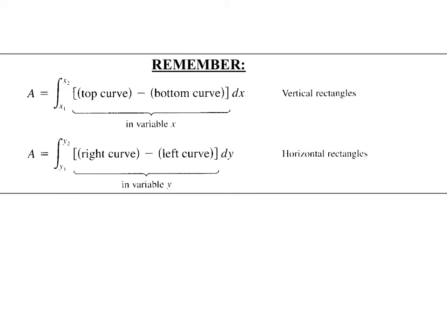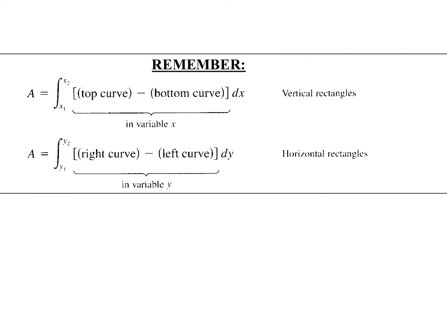So here we have some things to remember, and one is exactly what we're dealing with, but I also want to extend this beyond what we're dealing with here and show you that if we have functions defined in terms of y, instead of looking at top and bottom, we can look at right and left.